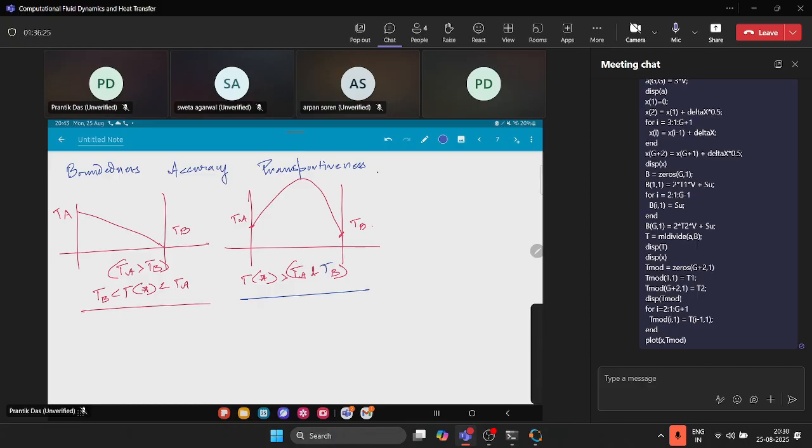If the heat source is very high, sometimes it may not converge for a complex flow problem. So these things should be kept in mind, and you should be cautious about the convergence of an unbounded problem. The first one is a bounded problem. Is it clear to all of you?